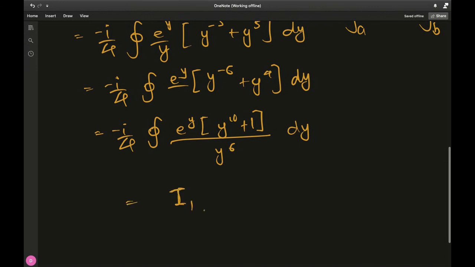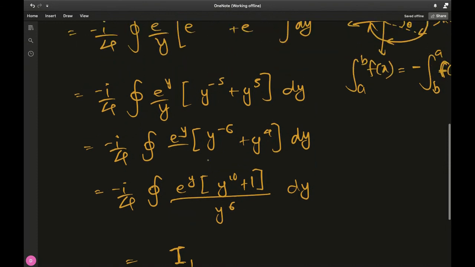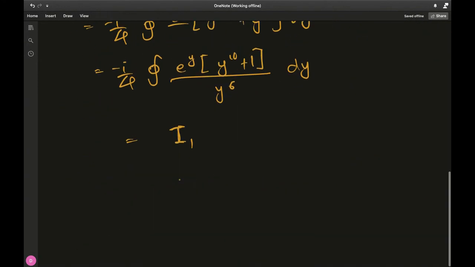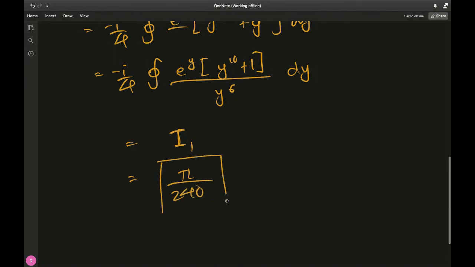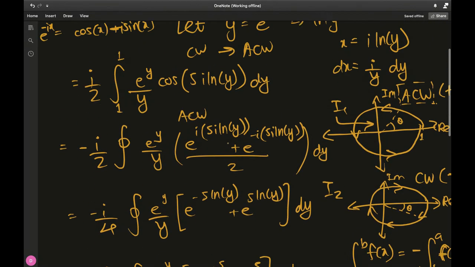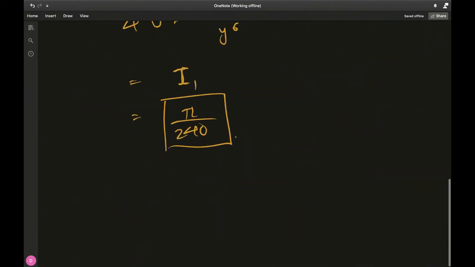I'm just feeding you with a silver spoon now, I just got it in the right form of I1. And what was I1? Previously we found that I1 was pi over 240, and that's exactly this. We don't even need to do residue theorem again. That's excellent, right? Brilliant.